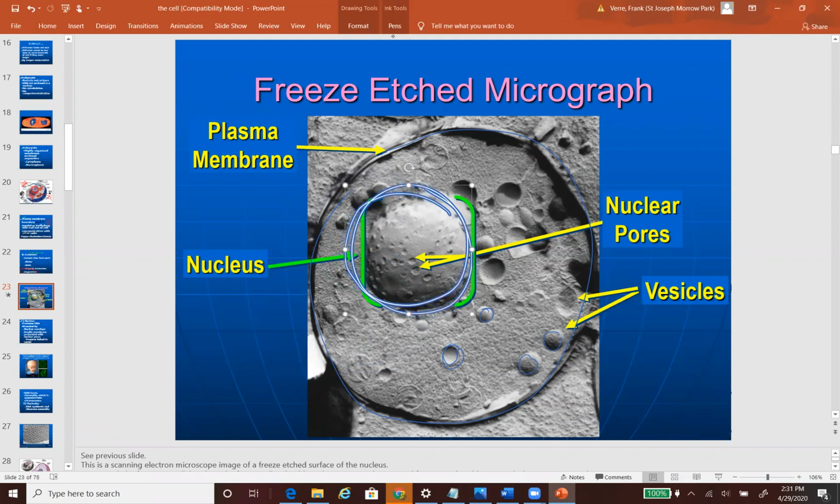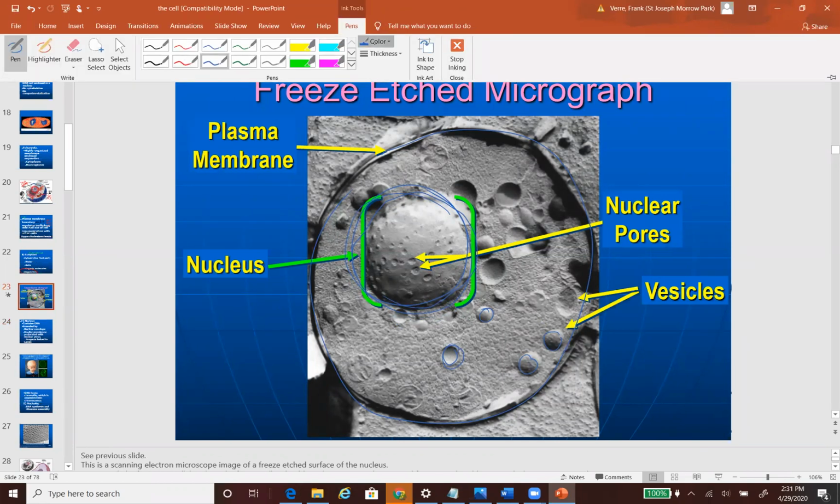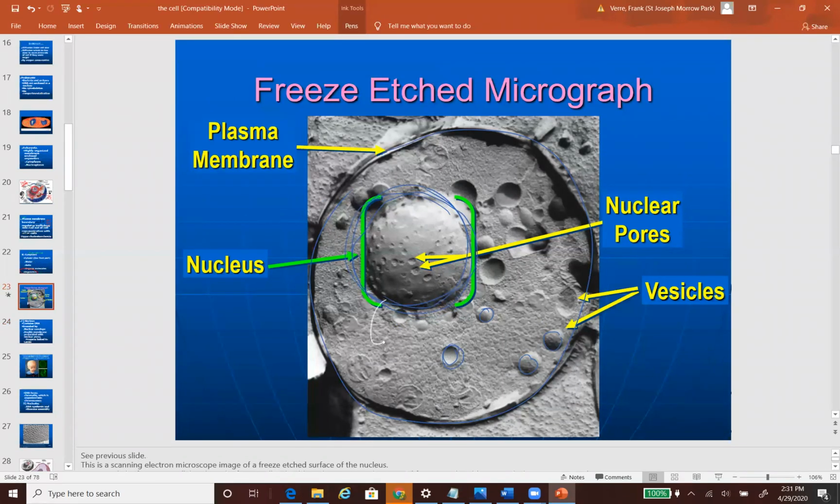Okay, and that nuclear boundary, you can see that there's like an outline to the nucleus. That nuclear boundary is called the nuclear membrane. So just like the cell has a cell membrane, the nucleus has a nuclear membrane.